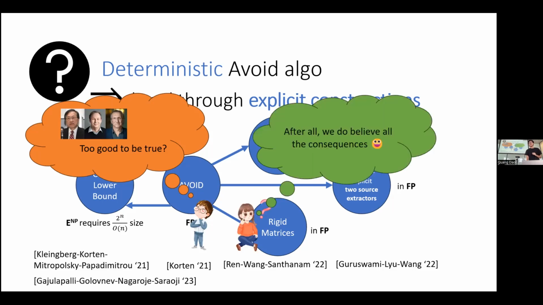But there is also another argument, which says that after all, we believe all these consequences to hold, right? We do believe the circuit lower bound. We do believe explicit constructions of rigid matrices, and we do believe we can construct good two-source extractors. So considering all these consequences are in our belief, why don't we believe this algorithm is easy? So there is a controversy here.